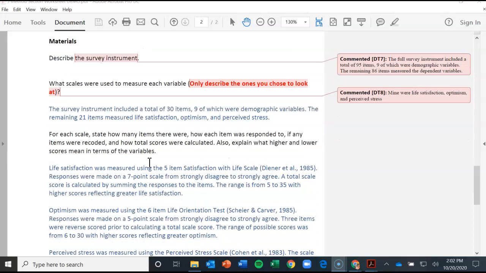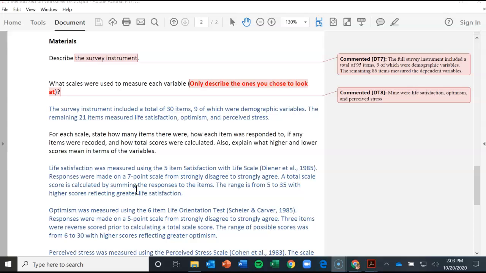Okay, materials. And I've modeled for you how to do this. This is usually a pretty formulaic part of the method section. And your job here, if any of you bake or cook using recipes, think of this as the ingredient list. This is where you are mapping out for your reader exactly what tools and techniques you used in order to collect the data.